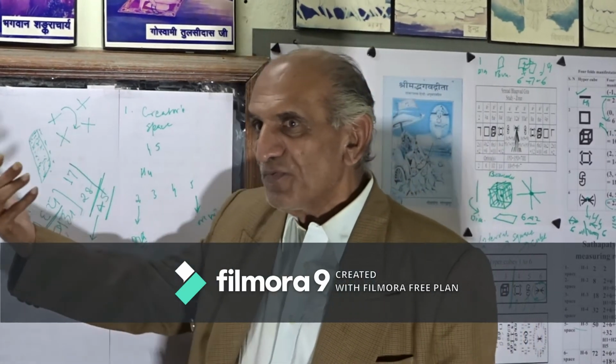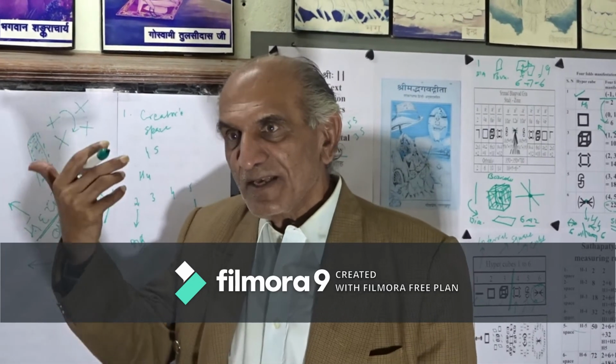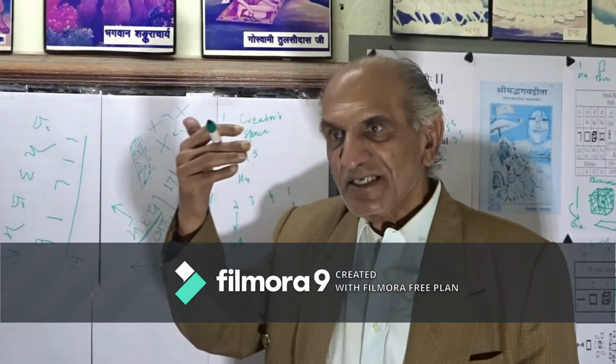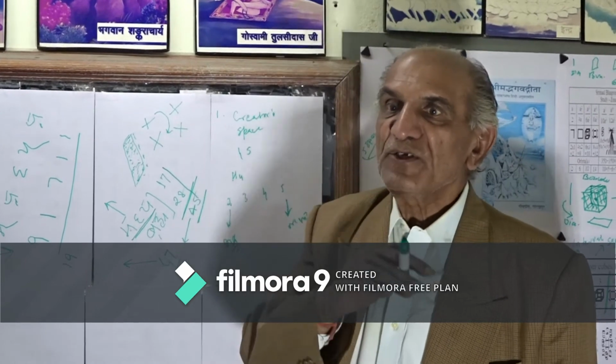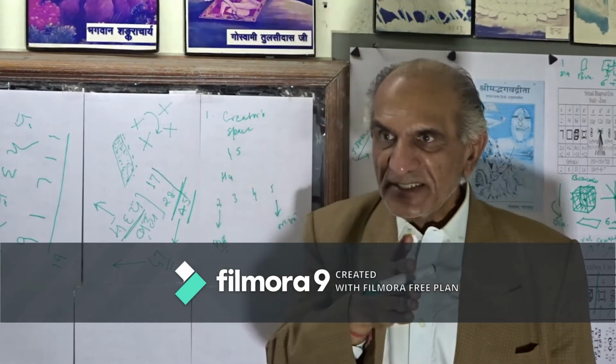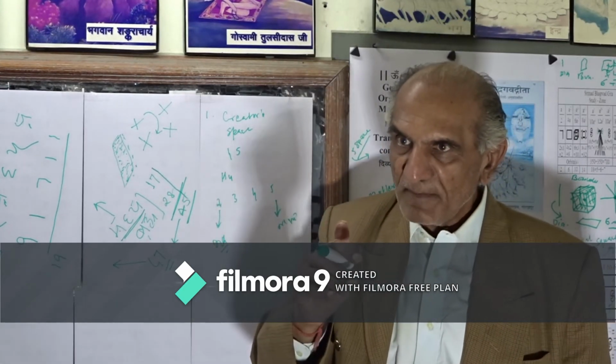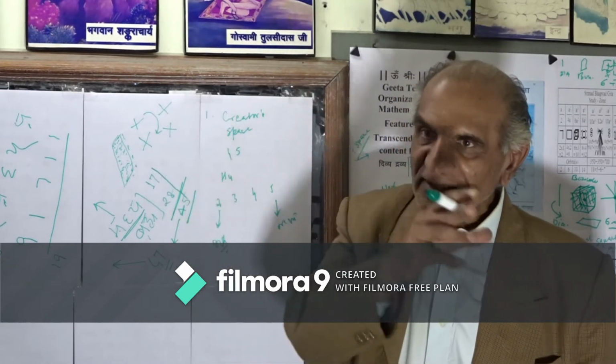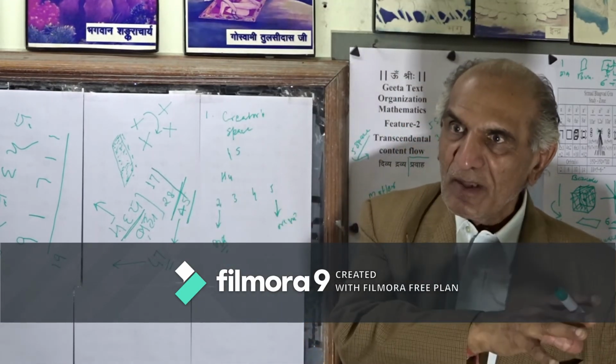Now it is this feature, it is this organization, it is this existence phenomenon which is being chased by Srimad Bhagavad Gita. Srimad Bhagavad Gita is chasing the existence phenomenon because of an Atma, because of a soul.